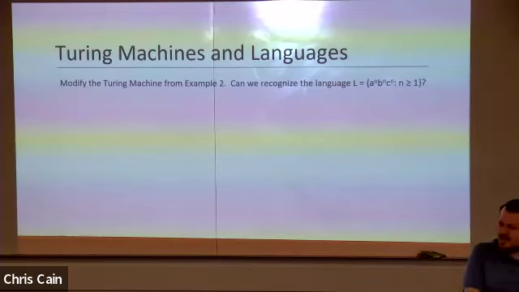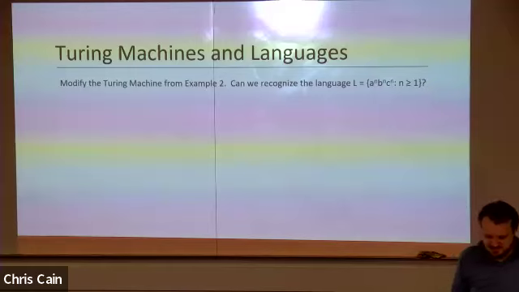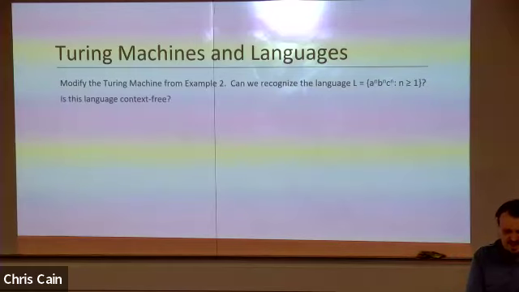If we recall back to our context-free examples, have we seen this language before? Was it context-free or not context-free? It was not context-free. This is one of the examples that we use for the context-free pumping lemma. So this is not a context-free language.